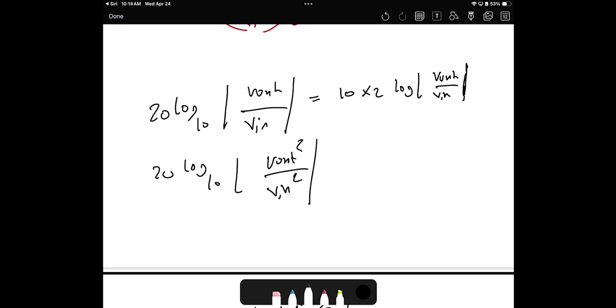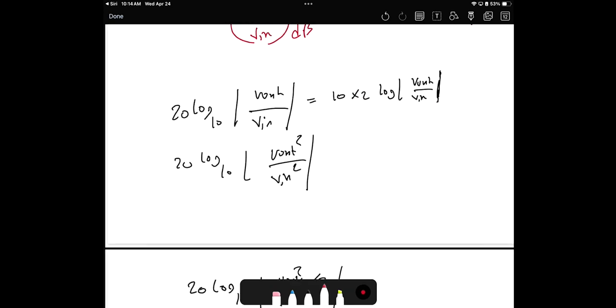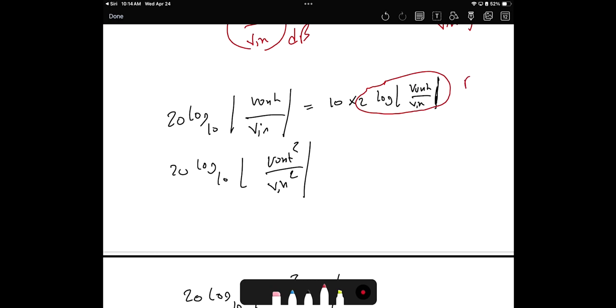Then we will use the rule, for example, A log B equals log B to the power A. So this yields to be overall the square.